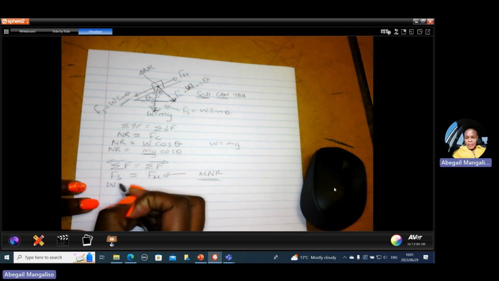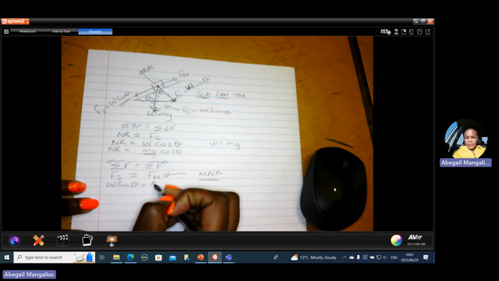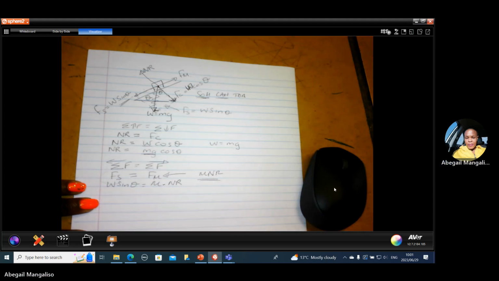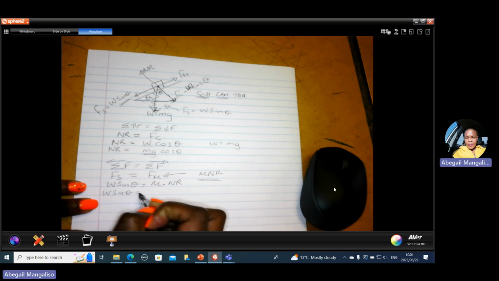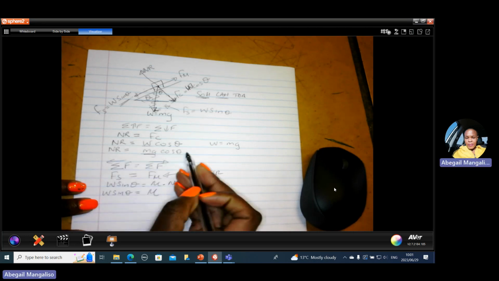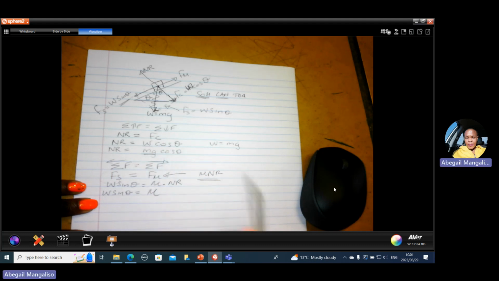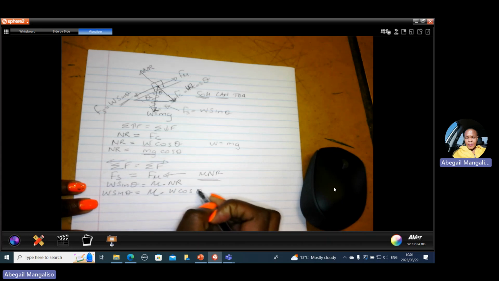So we put W sine here equal to mu multiplied by NR. So this W sine will be equal to mu multiplied by the normal force, which is equal to W cos theta. So it will be mu times W cos theta.